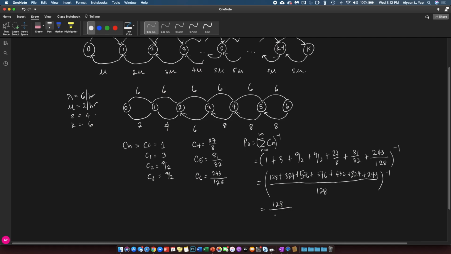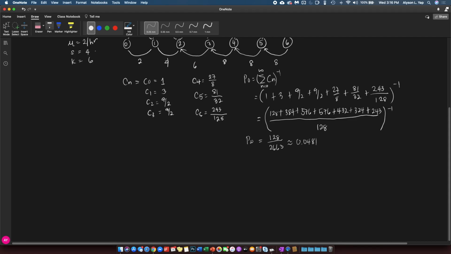So that's 128 over 2,663. Or roughly 0.0481. So the probability that there are no customers inside the system is around 4.81%.